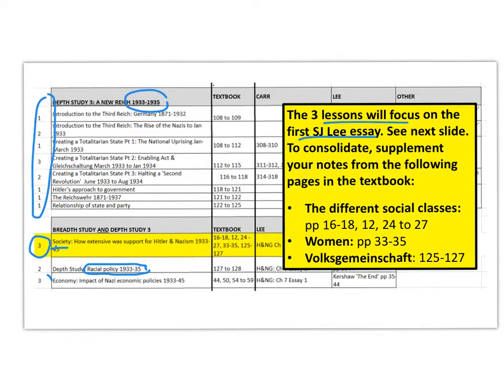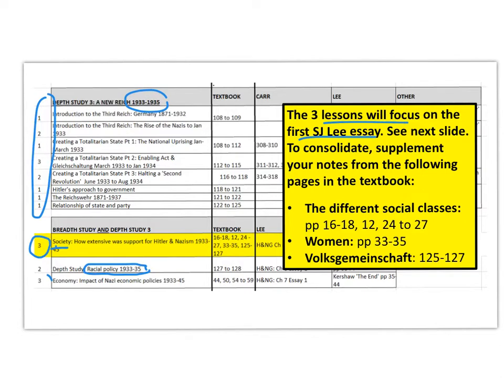My notes are largely, not exclusively, taken from the S.J. Lee essay, so the notes for these slideshows and for this video are primarily taken from that essay, but you need to read the essay yourself. Remember, the whole purpose of reading the original writing is to understand how historians write. That helps you internalize the vocabulary that historians use, the way they argue their cases and so on.